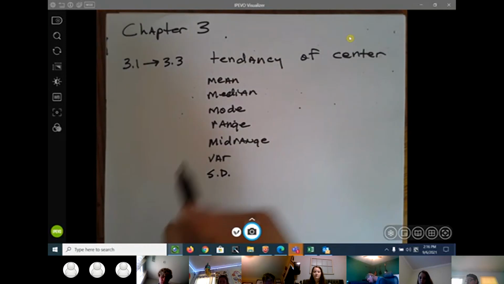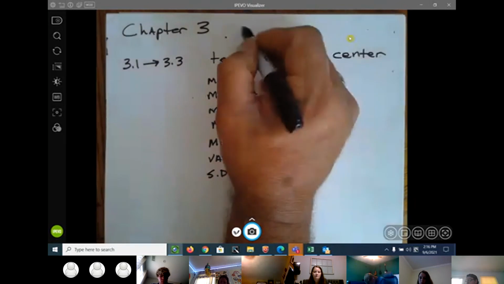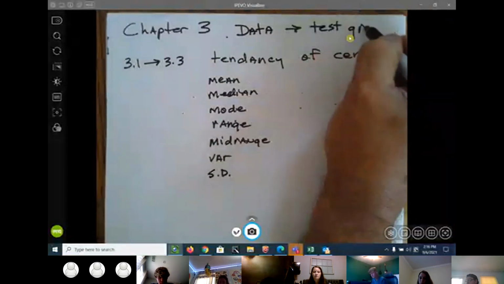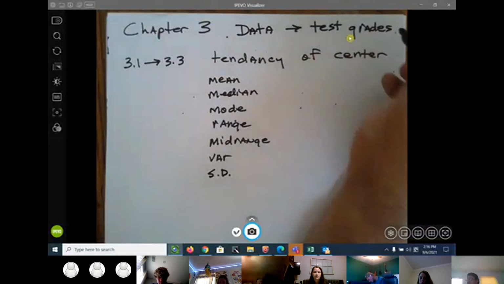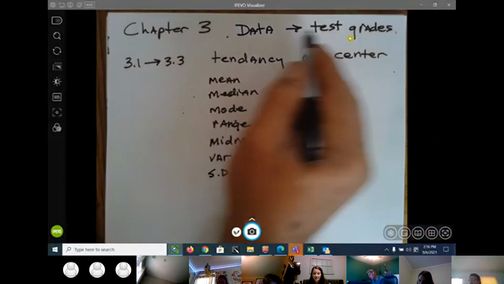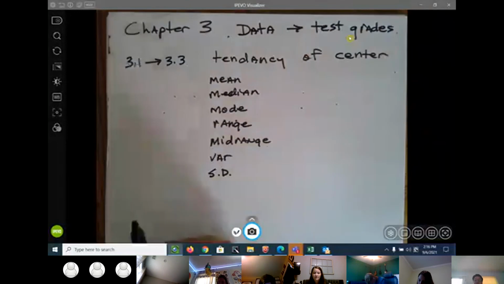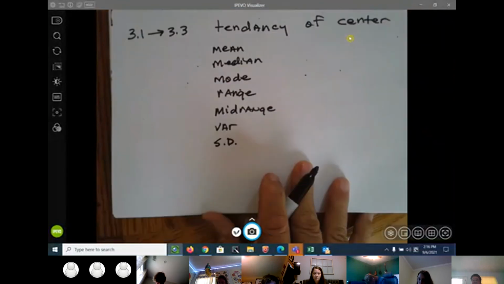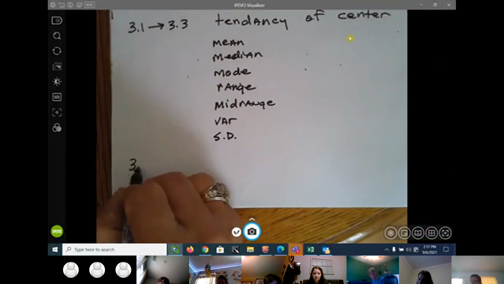This is with data like test grades. We just did a frequency distribution. Now we're moving into what we call data, like test grades. And we also got z-scores in 3.4.